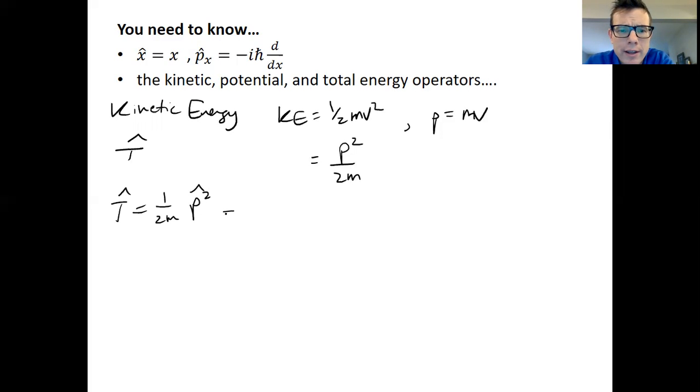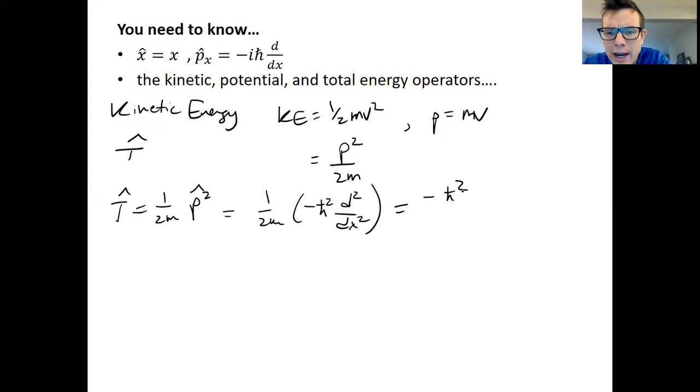We just derived this. 1/2m times negative h bar squared d squared dx squared. Putting it all together, the kinetic energy operator is negative h bar squared over 2m d squared dx squared. You should know this one. Write this down.